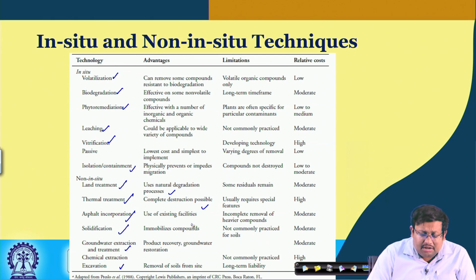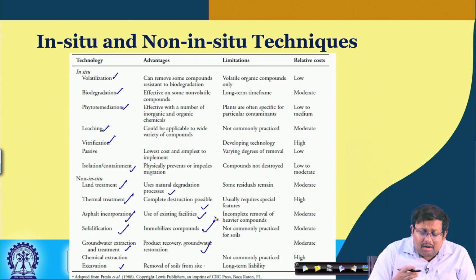Asphalt incorporation makes use of existing facilities, so it is helpful. Solidification helps by immobilizing the compounds. Groundwater extraction and treatment helps in product recovery and groundwater restoration. And finally, chemical extraction or excavation basically involves removal of the soil from the site.